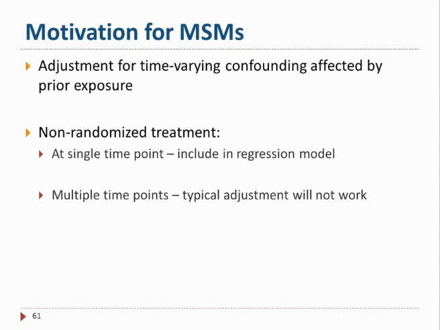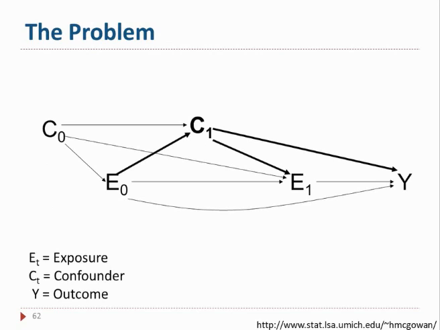But if we're looking at an exposure over multiple time points, the typical adjustment won't work. So here is a DAG where we have an exposure at time 0 and an exposure at time 1. We also have a confounder that's measured at 2 different time points, at time 0 and time 1. And we want to know the effect of the exposure at all time points on our outcome.